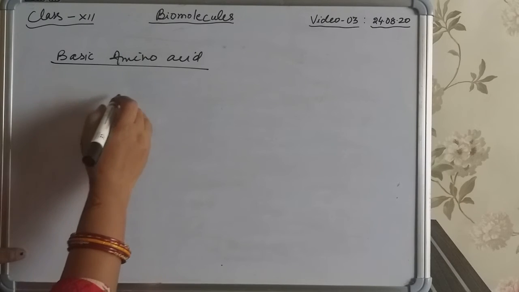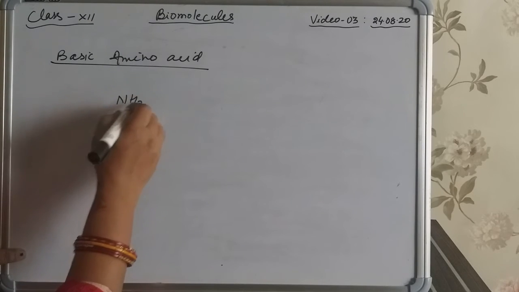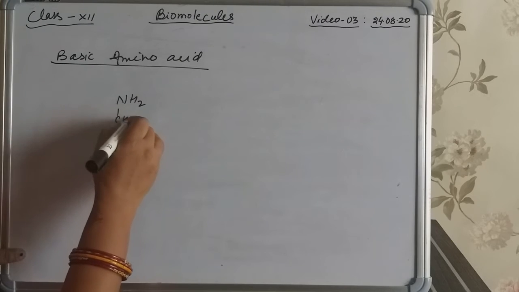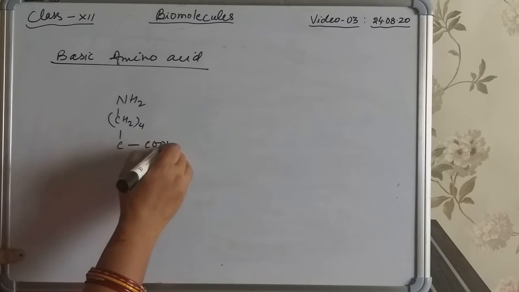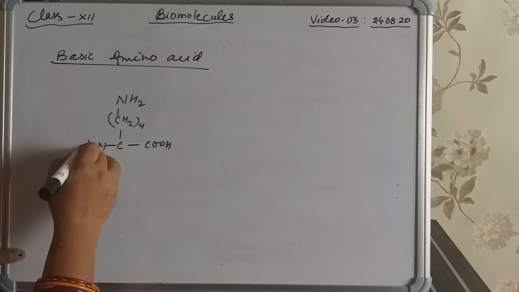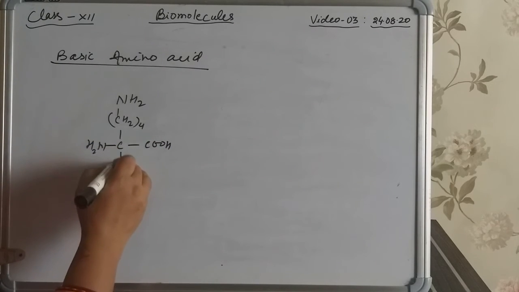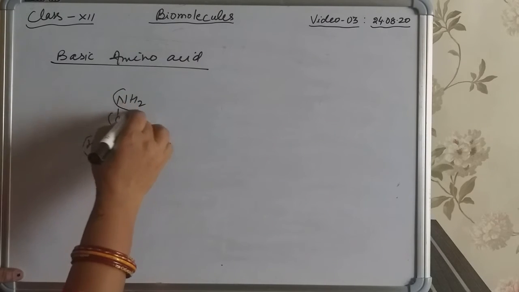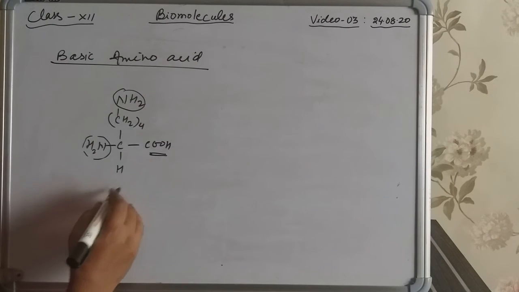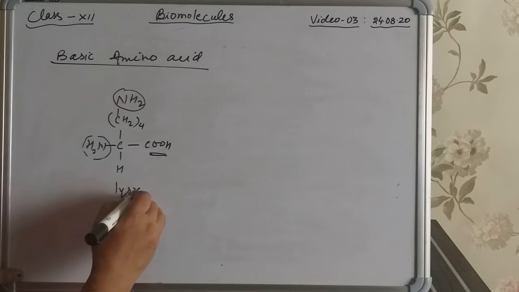For example, NH2, CH2 whole 4 and COOH and one NH2 group also written here. So here the number of amino groups is more than the number of acid groups. So it is called a basic amino acid, and it is lysine.